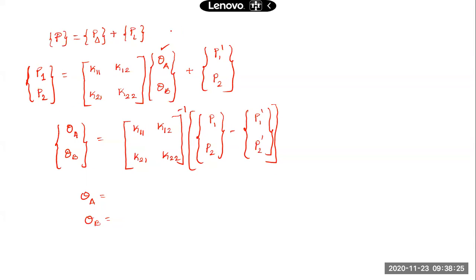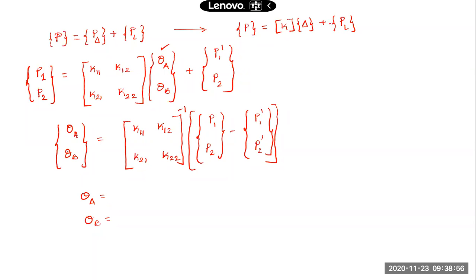So this is what we have in the stiffness method. We require the force matrices to be written over here. We have to develop the stiffness matrix K for the given structure. We have to identify the elements of the displacement matrix, plus the forces due to the applied loads have to be determined in the form of P dash.